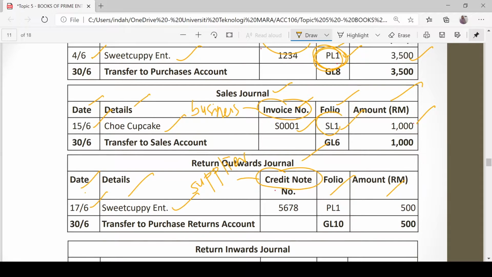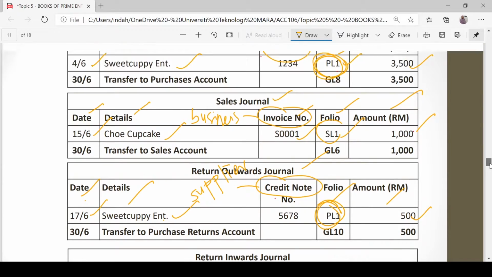Whenever there is a transaction affecting Sweet Copy, we are going to assign the same code because we are going to adjust the same account. So whenever we see Sweet Copy, PL1. The amount is 500.